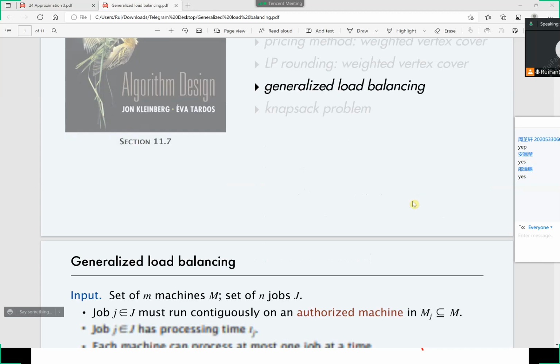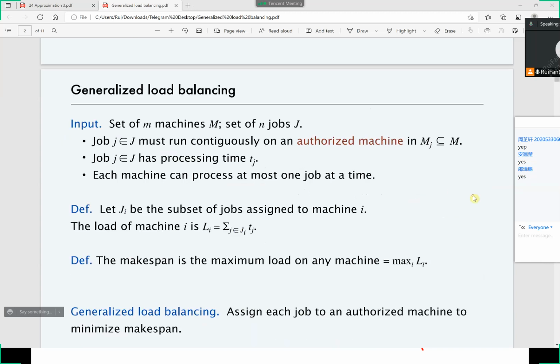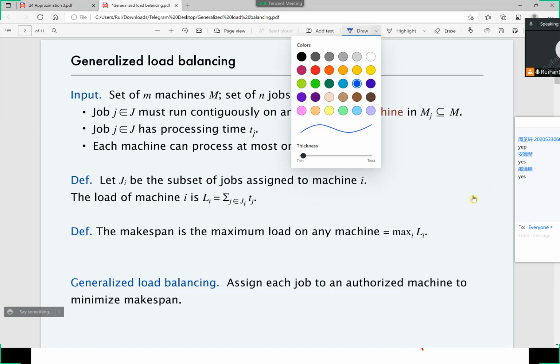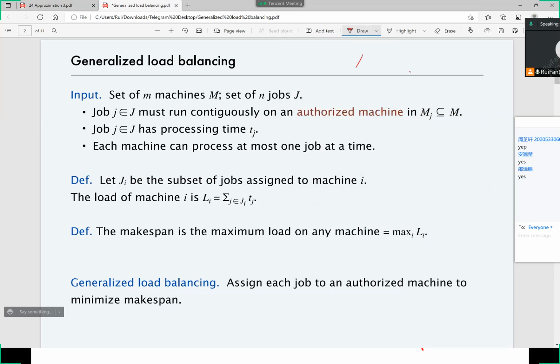Anyways, we're going to look at one more scheduling problem. This is going to be called generalized load balancing. The setup for this problem is actually the same as for the makespan problem we just talked about. Again, you're going to have a set of m machines and n jobs.